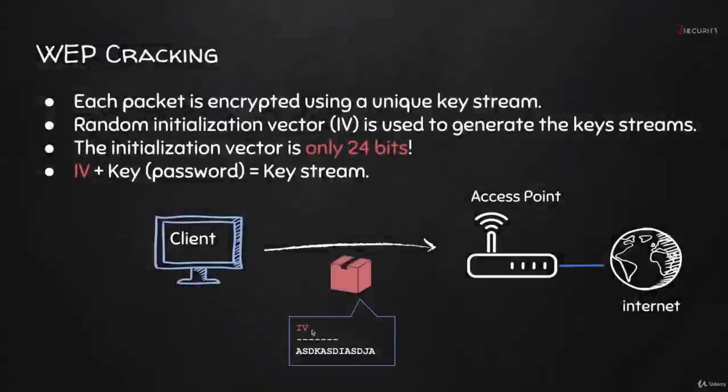So if you look at this, you can see the packet content is encrypted. If someone captures this packet, they won't be able to read this, but they will be able to read the IV in plain text. Also, the size of the IV is only 24 bits.